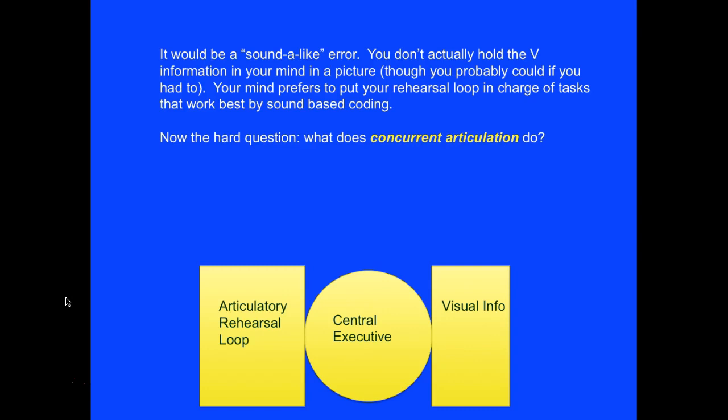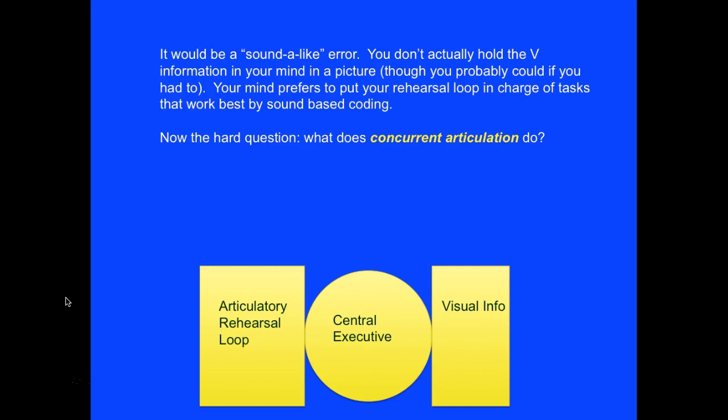Your concurrent articulation mechanism has a job to do. So the consequence is that the word length effect will be reduced or it will go away altogether. There'll be no notable difference between your performance in the long list versus your performance in the short list.